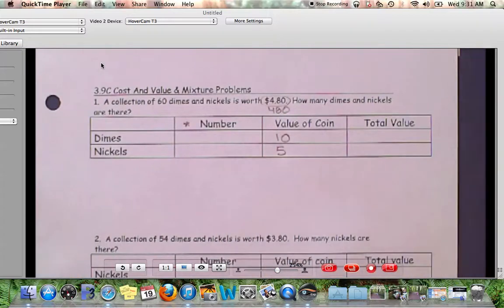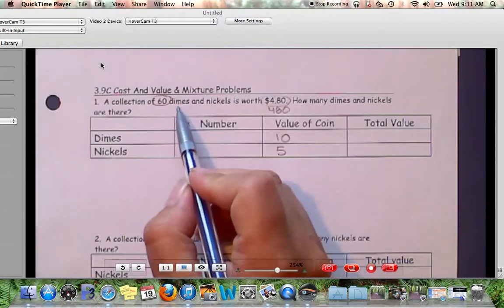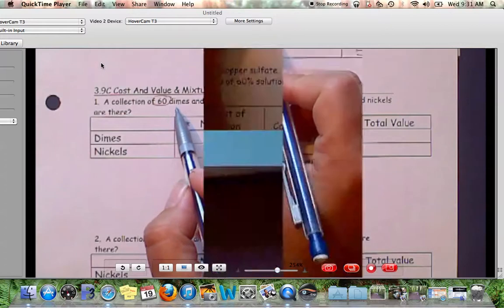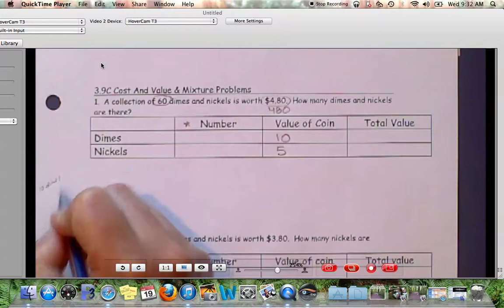Okay. Now we know that there are 60 total, 60 dimes and nickels, and here's where the tricky part comes from. If we know we have 60 coins, let's say we knew there were 10 dimes. How many nickels would there have to be?